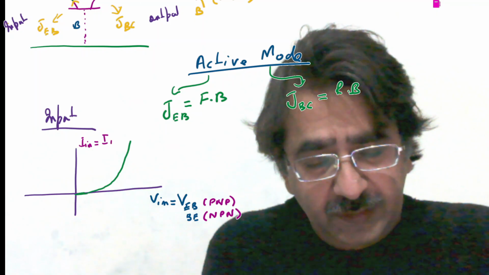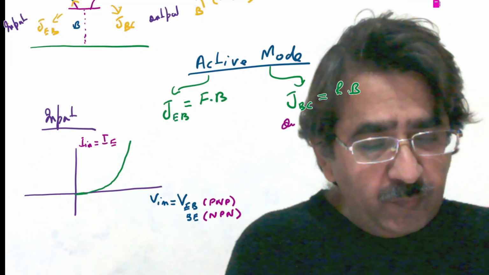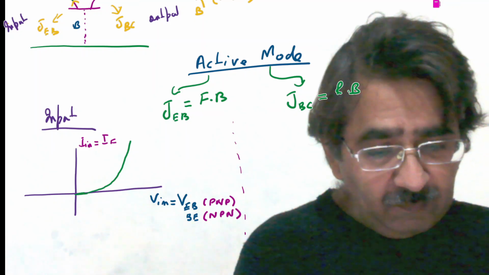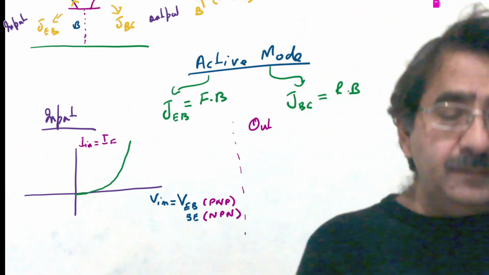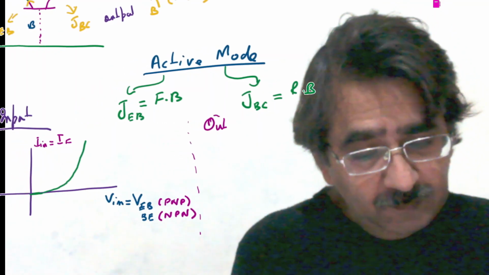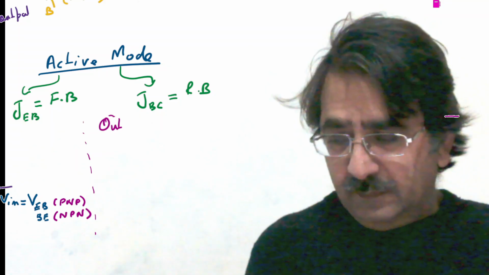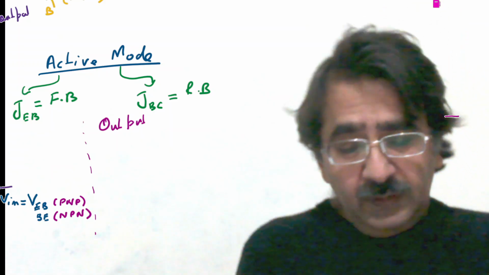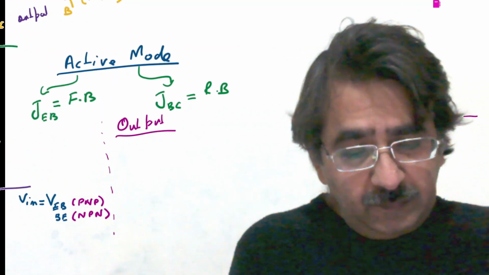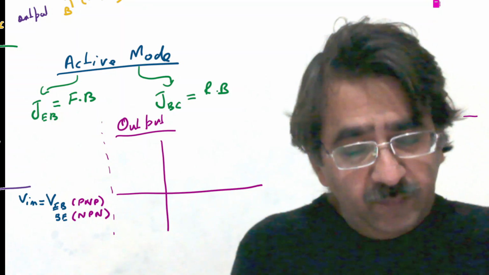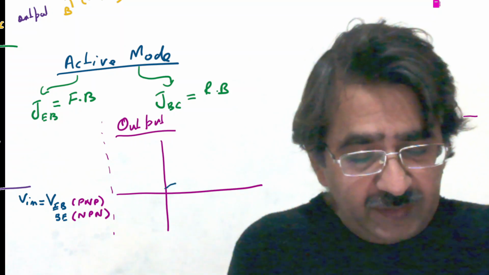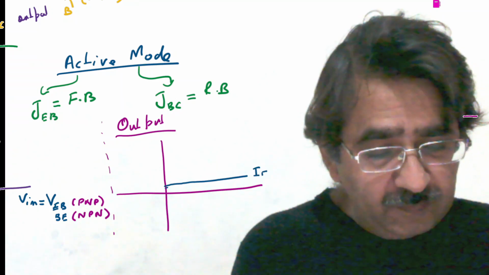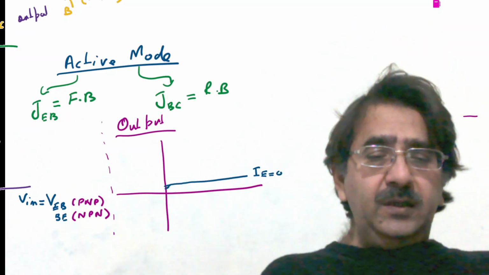Input current will be IE, and similarly for output, if we draw the graph, we know that if IE is 0, this will be totally reverse bias IC.